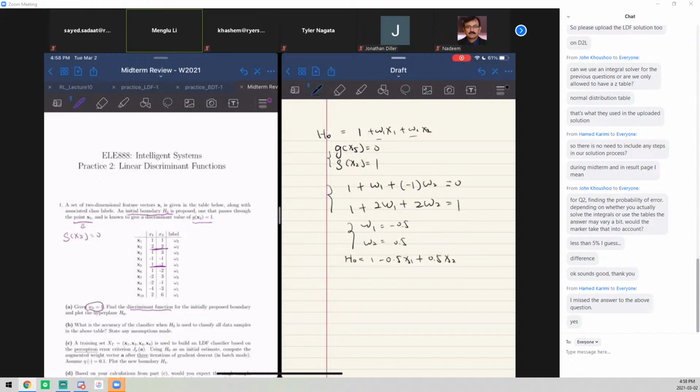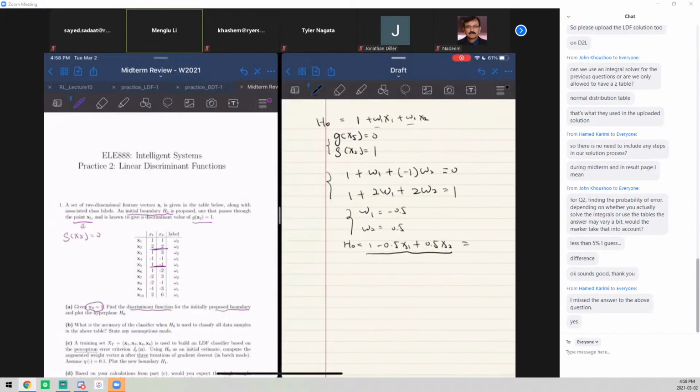And they ask us for the proposed boundary. So we know the function and we want to get the boundary, meaning we want to set this function equal to 0. Then we will get x2 equals x1 minus 2. That's the boundary.